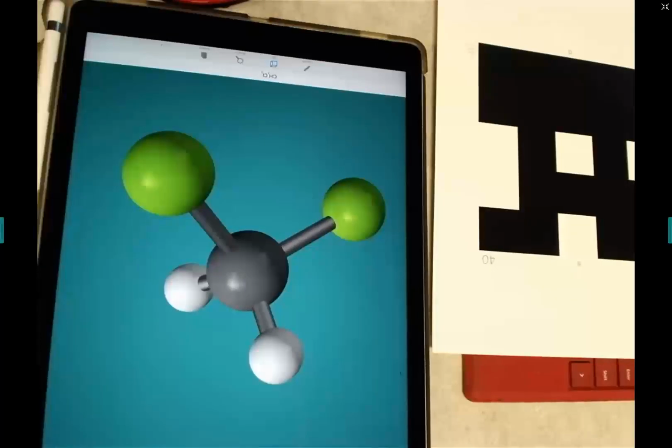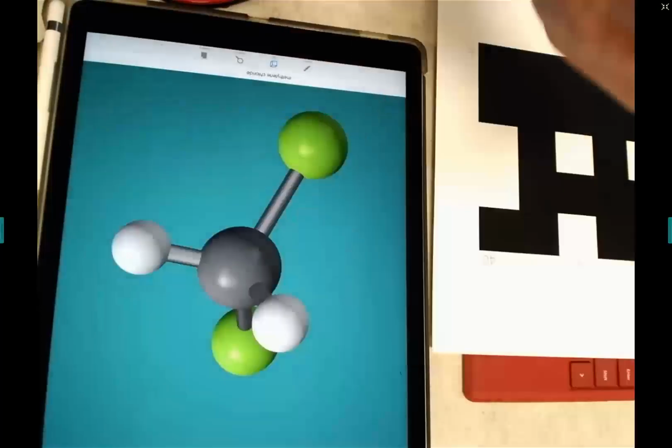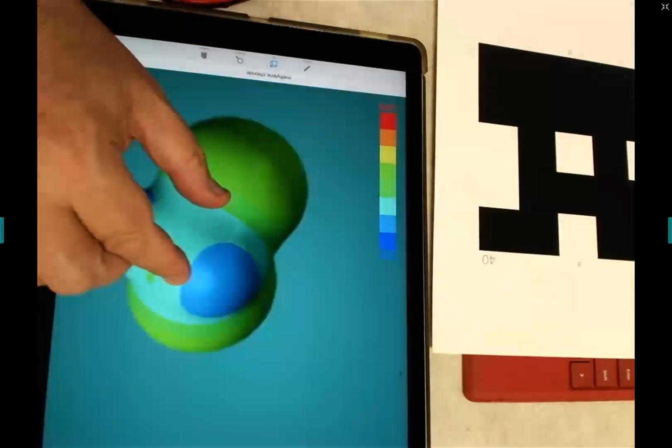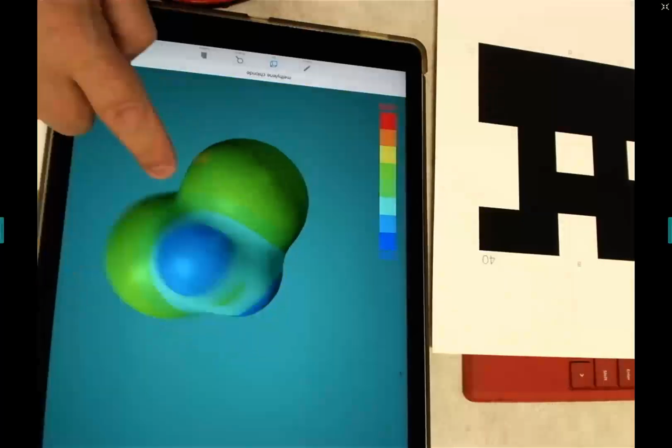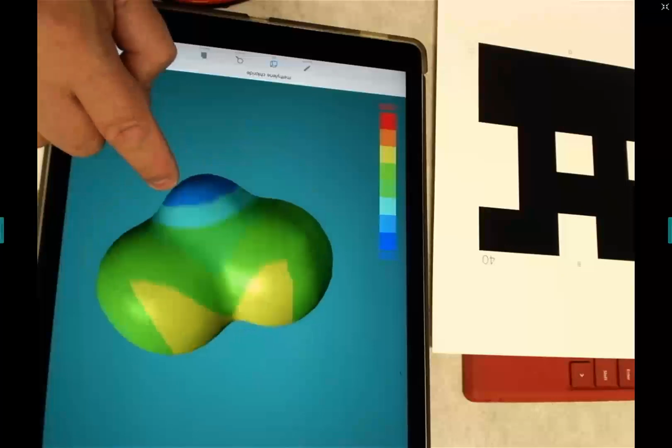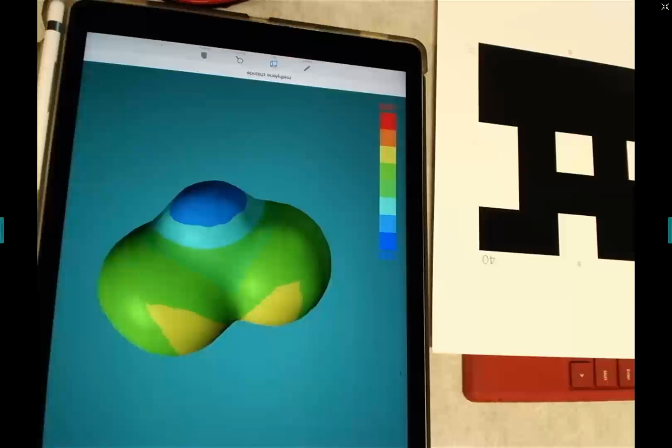Now let's see if the internet works, because what I could do is try to download this and then show you how the pictures work. So what am I looking at here? Number one, what's called a space filling model, what the shape would actually look like, except there's no color coding in real life.